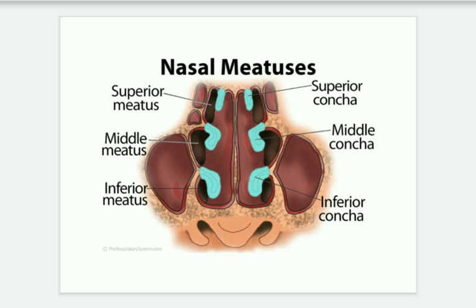Next, the middle meatus. In the middle there is the middle concha, which is a part of the ethmoid bone, and there is the bulla ethmoidalis, which is produced by the middle ethmoidal sinus and is rounded in shape. There is a hiatus semilunaris, which is a deep semicircular sulcus, and it opens into the frontal air sinus and maxillary air sinus. Between the middle meatus and inferior meatus there is the inferior concha, which is a separate bone.